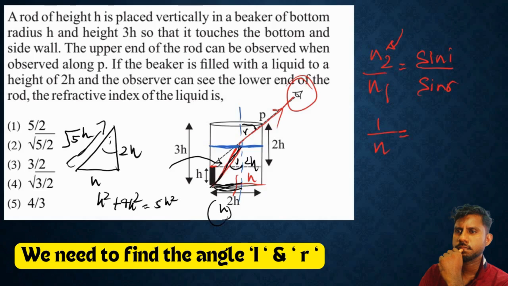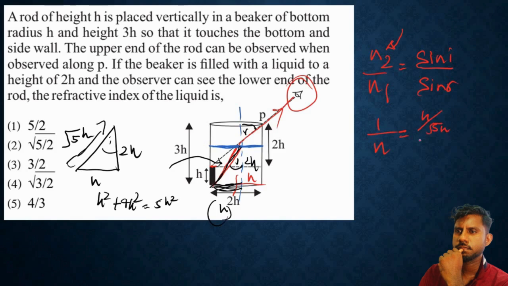Let's write it down. Sin I equals h over root 5 h, divided by sin R. This is basically this length, again h, and this height is h, so it's h squared plus h squared, root 2 h. So h over root 2 h.